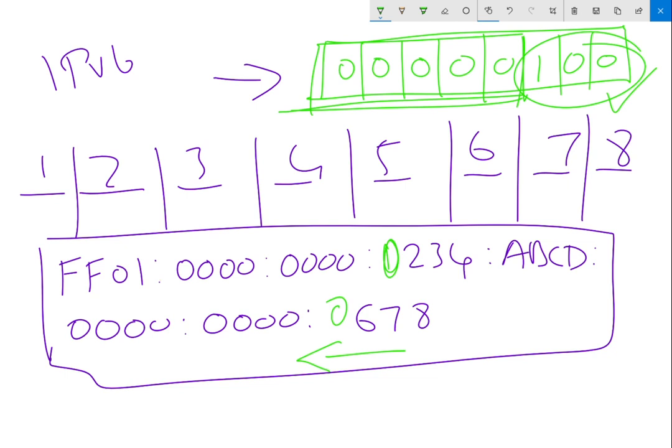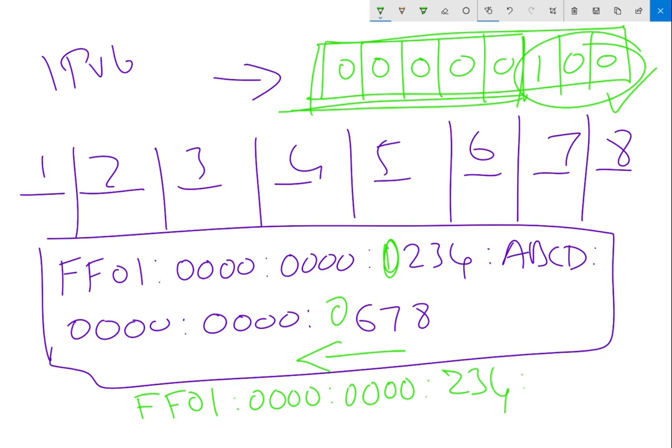For example, here 0 is leading, so either you say FF01, 0000, I will come to this all zeros later, 0000. Here you can say either 0234 or you can say just 234.